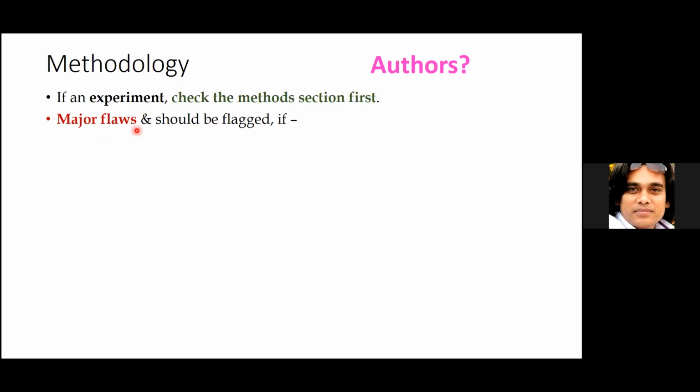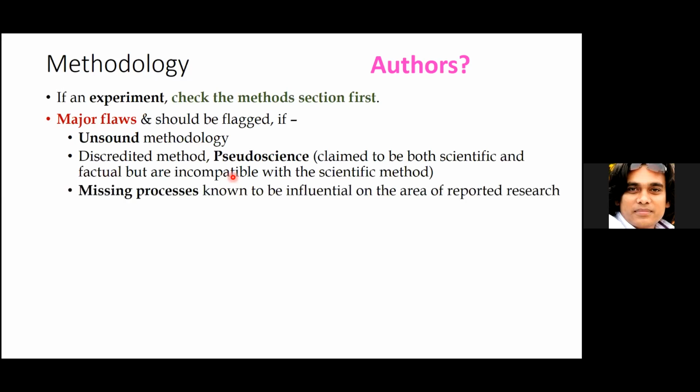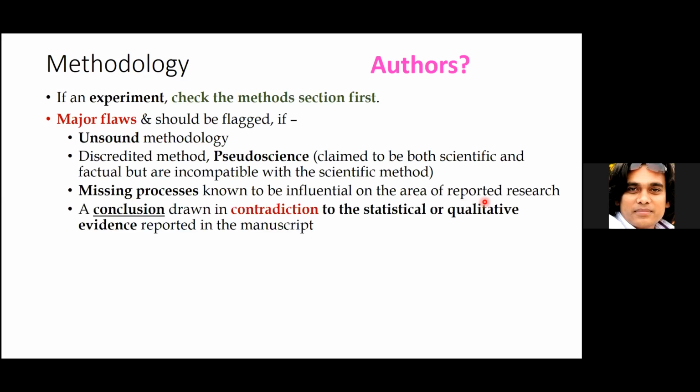Flag and mention them, like any unsound methodology, pseudoscience or discredited method, where there is no way to prove it smartly through the scientific method. Also missing processes known to be influential in the area of the reported research. And conclusion: check whether the conclusion contradicts the results or the statistical or qualitative evidence you put in the paper.